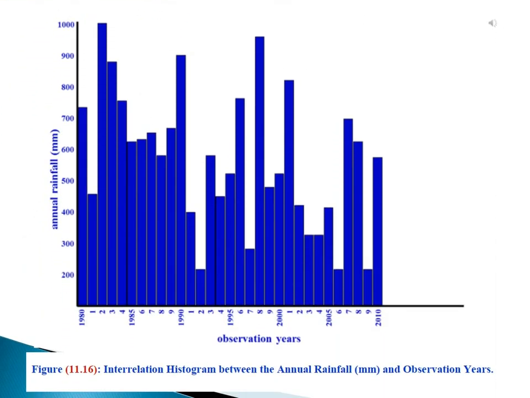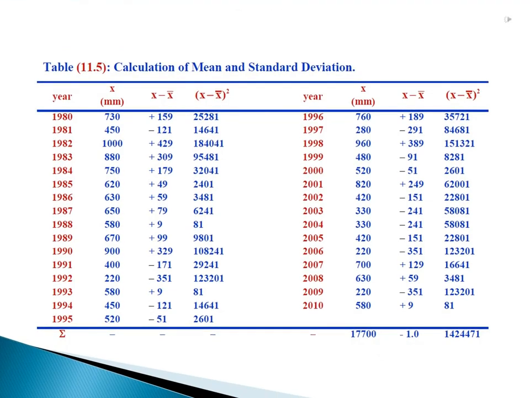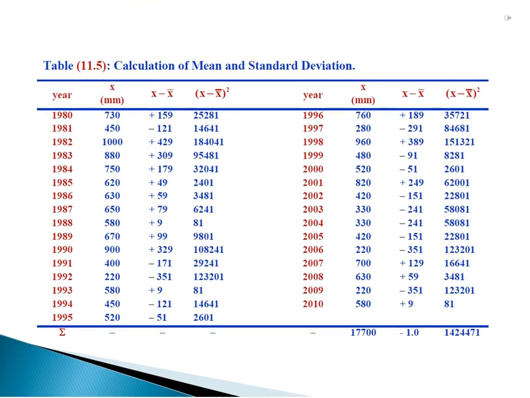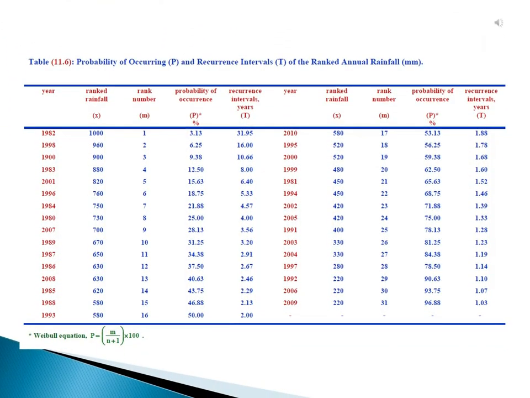Figure showing the histogram of annual rainfall in millimeters against observation years. Table showing the calculation of mean and standard deviation. Table showing the probability of occurrence P and recurrence intervals T of the ranked annual rainfall in millimeters.